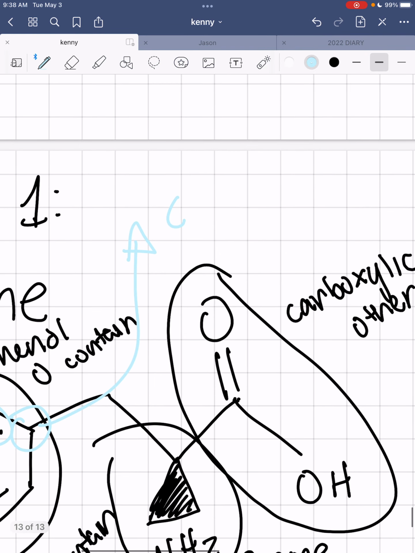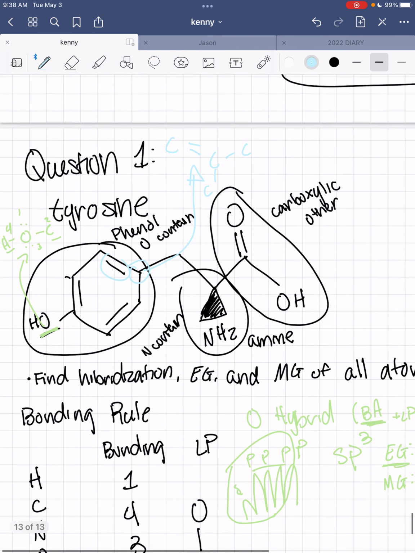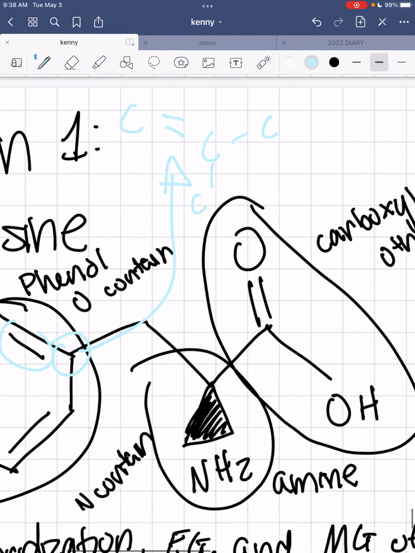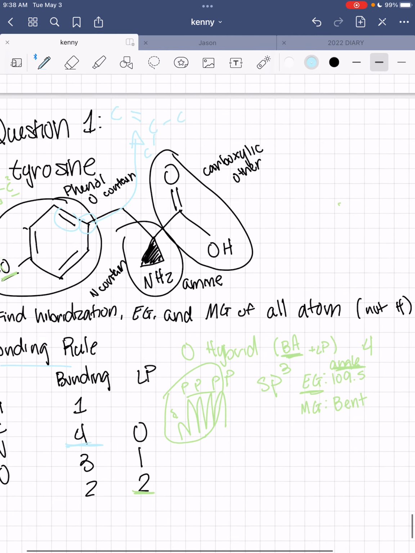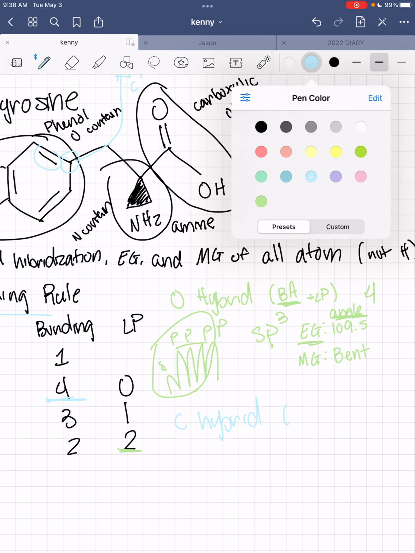It has a double bond here, so carbon, carbon, carbon, and this fills out the bonding rule because it has 4 bonds. I should probably choose a better color.